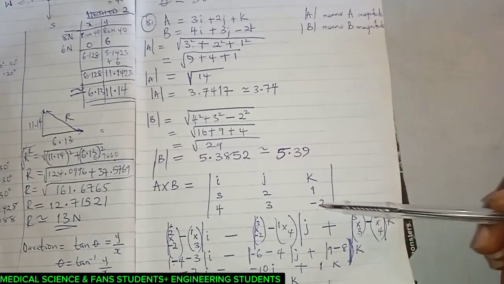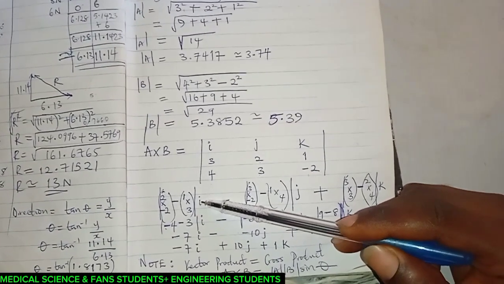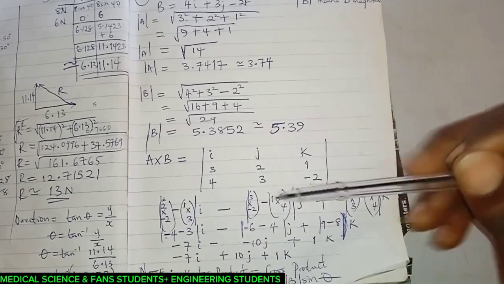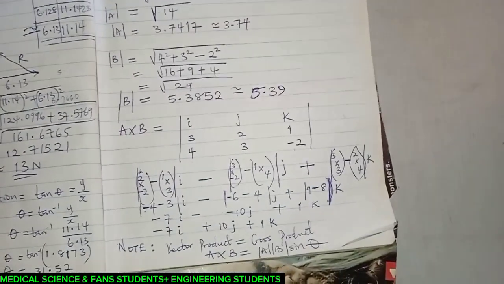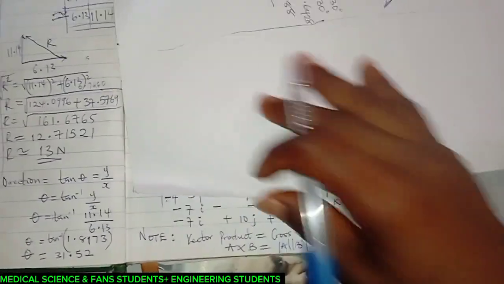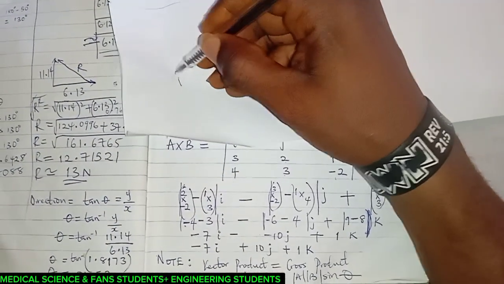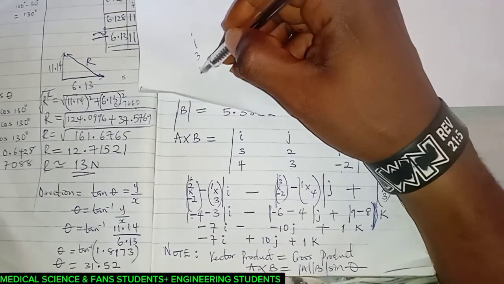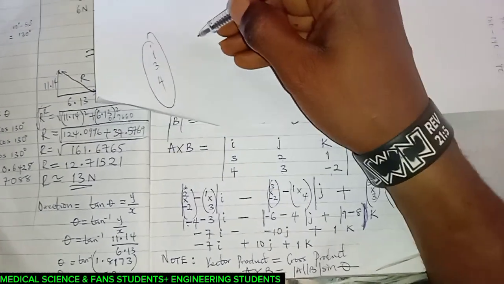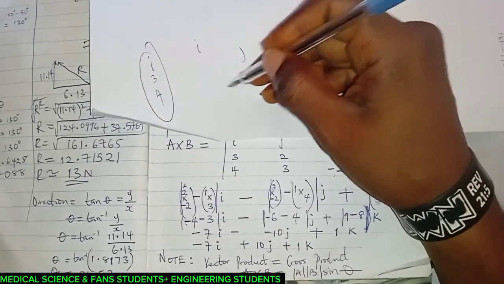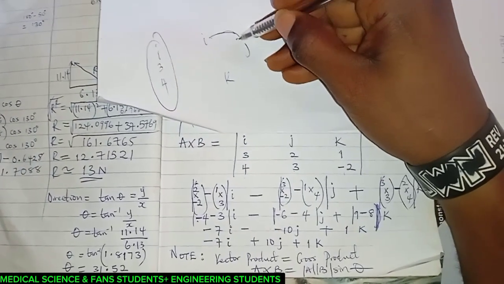So when we want to do for i, using determinants, we tend to cancel out i. So it's more like, when I want to do i, I know that the values of i are 3 and 4. I will not use them. I'll just say, because I know that I have i, j, k. Whenever I want to cross, I take i and i is crossing.